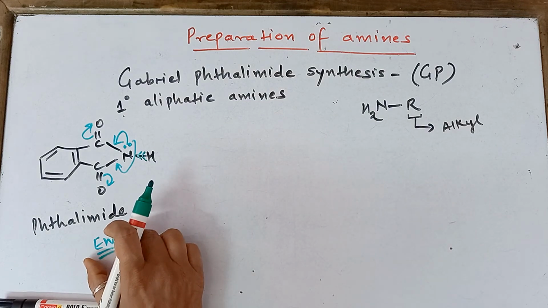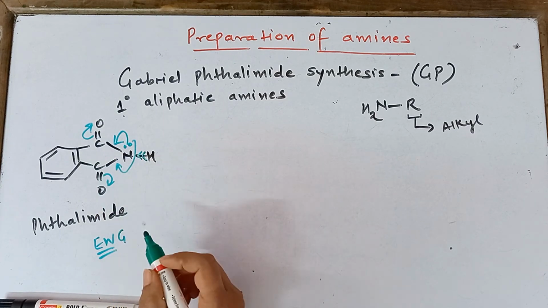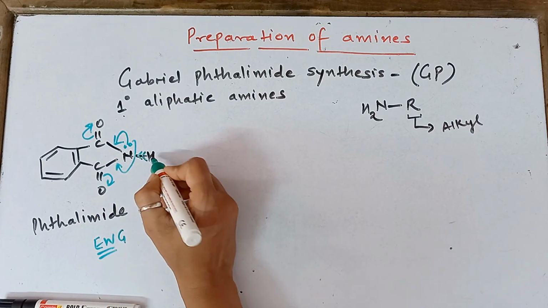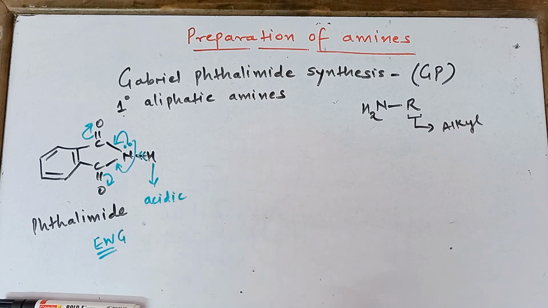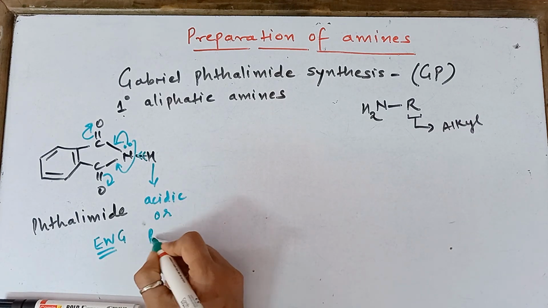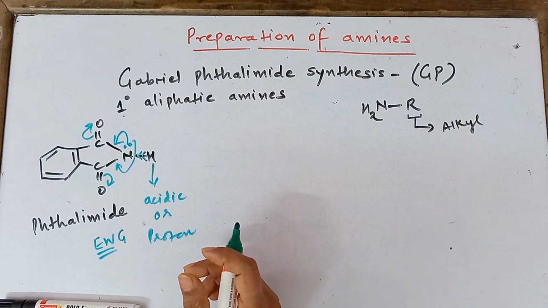So we can always state that due to two electron withdrawing groups, that is the carbonyl groups present in phthalimide, the hydrogen becomes deficient in electrons, and that kind of hydrogen is known as acidic hydrogen, or we can also call it a proton. All right, so this is something very important for us to understand.